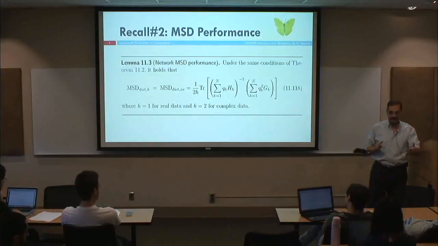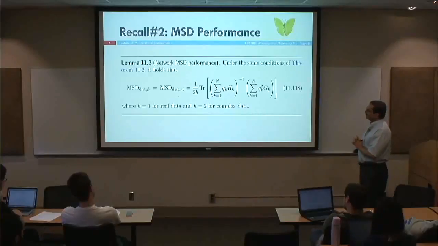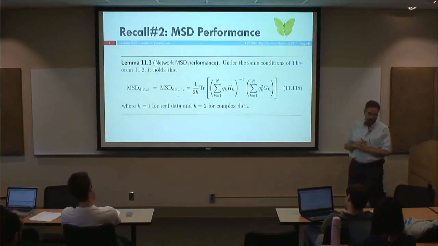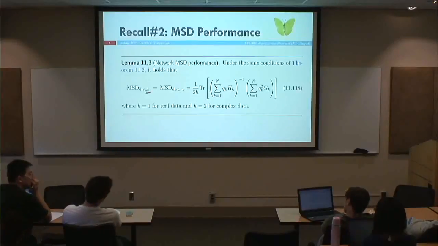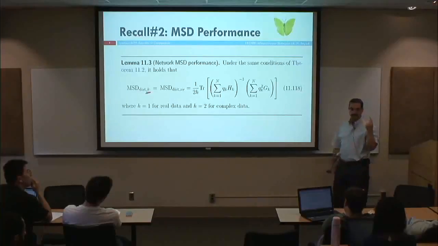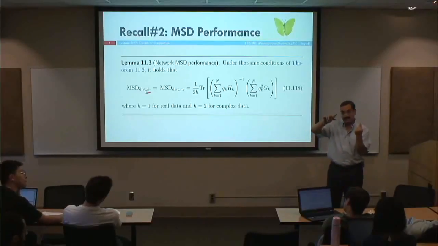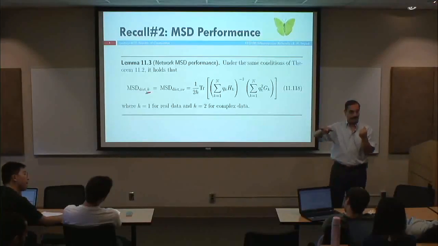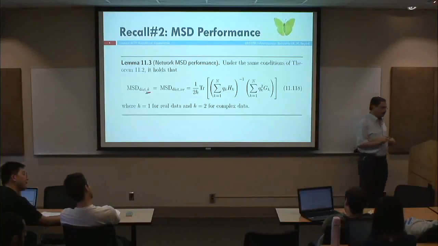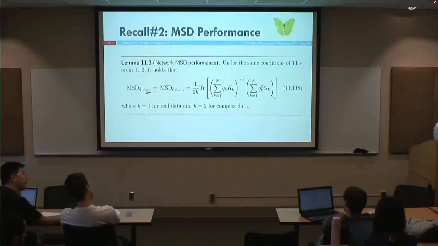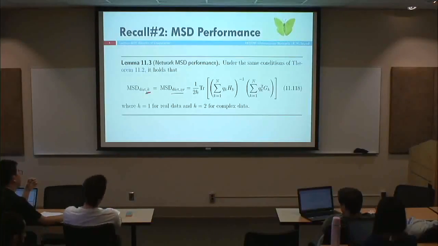And to the step sizes, okay? And from this expression, you observe also that the performance is equalized across the agents. All of them will have this performance to first order in mu. Differences start appearing in second order factors, okay? But to first order in mu, all of them will look similar, and that's the expression, okay? And this is the performance of the network. If you average across the network, that's what you get, okay?